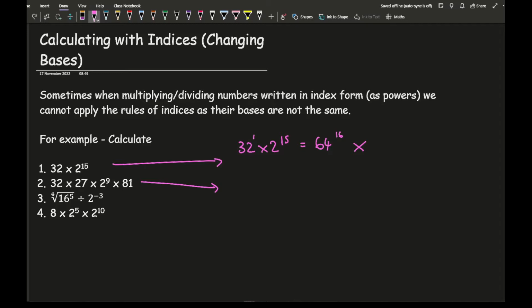Also with regards to question 3, here we've got roots and powers, and we've got a negative index as well. So here I've got 4 to the power of 16 to the power of 5, divided by 2 to the power of minus 3.